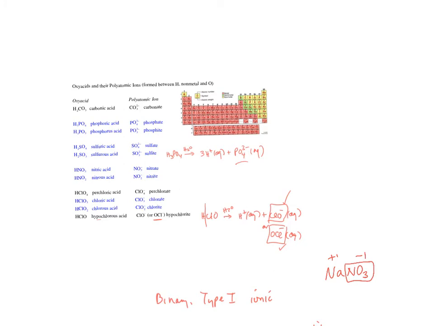So the naming is really similar. It's going to be sodium. You don't put the charge in. You could if it were a type 2 metal instead of a type 1. But you just say sodium here, and then you just write down the name of the polyatomic ion, which is nitrate. All right, so sodium can be with a nonmetal, or it could be with a polyatomic ion. That was the point of this digression here.